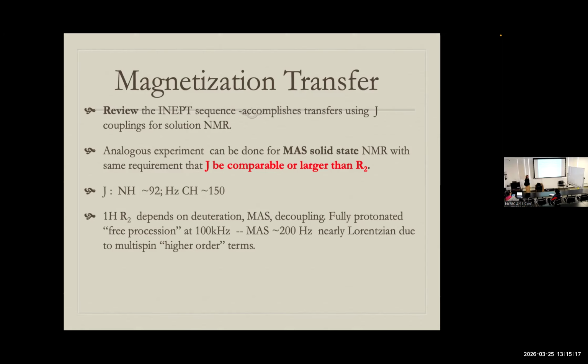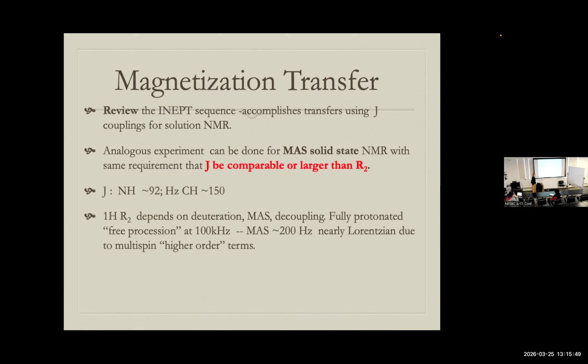So how about these values for a solid? J is going to be of the order 90 hertz on an NH group, 150 hertz on a CH group. What is the transverse relaxation rate that we're fighting? Well, optimistically, it's really fast. It might be north of 100 hertz. It might be 200 hertz.